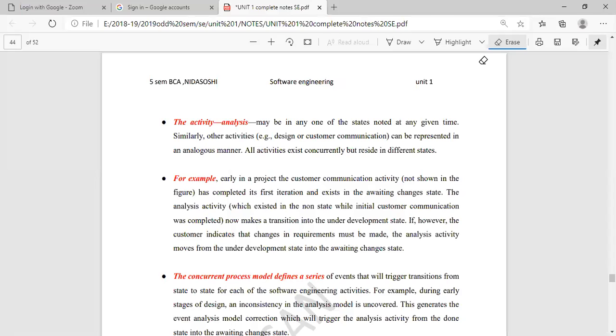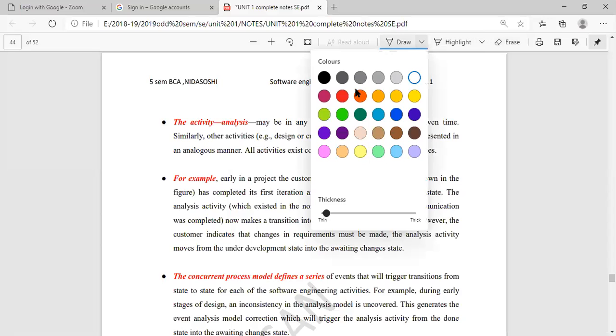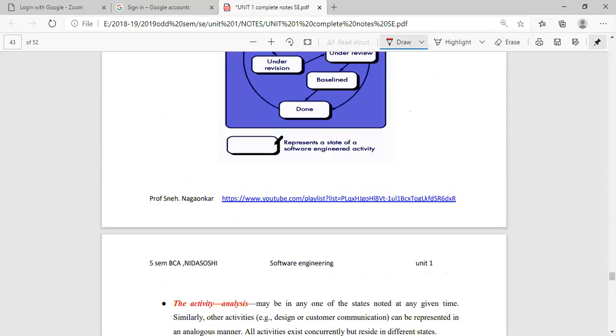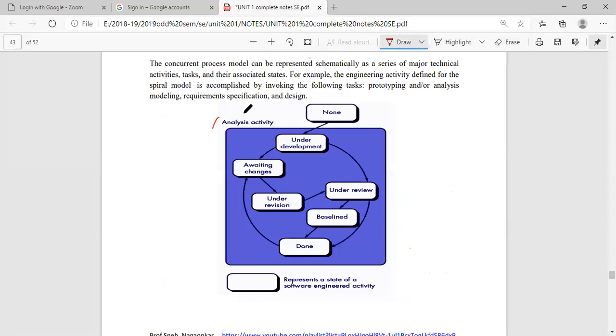One more example I am trying to give here. Maybe in one of the states at any given time. So what does activity analysis mean? It means to understand in which state our module is. That is called activity analysis.